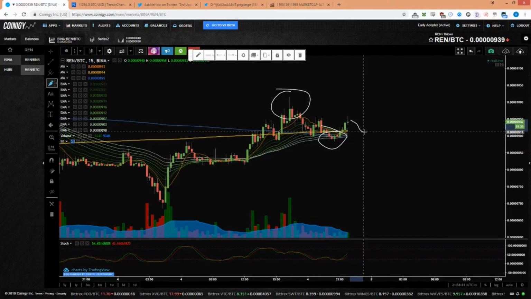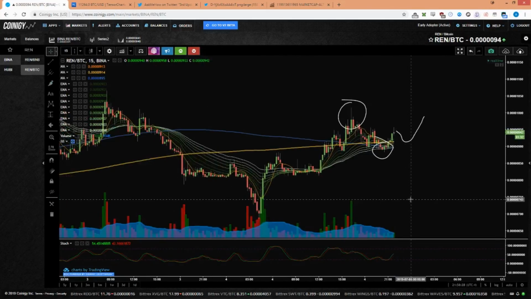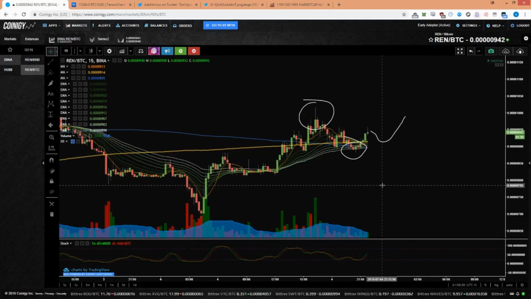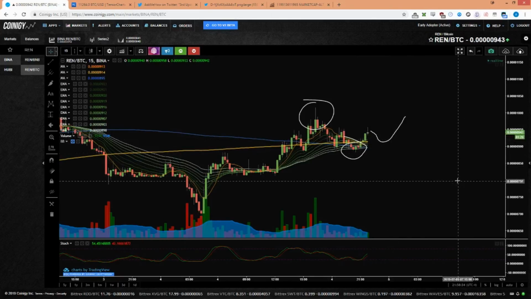You know, probably go back to here, and then it could go higher. There's a lot of people shilling it. There's kind of hype around it. I have no idea why. Because it does dark pools, maybe. I don't know. But some alts are just bullish, and that's just it.